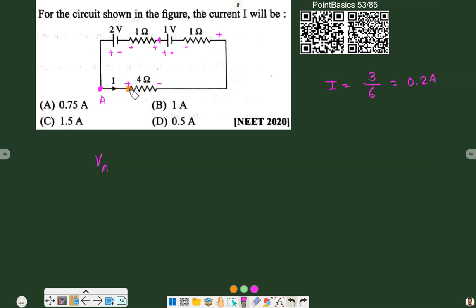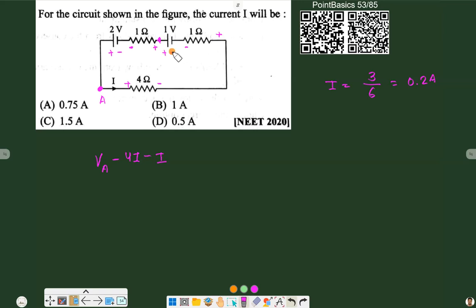So we will be using the second sign which we encounter while leaving that instrument, be it resistance, capacitor, inductor, whatever it is. So this will be negative 4 times I, 4I. Same for this 1 ohm, positive, negative, so negative 1 times I.